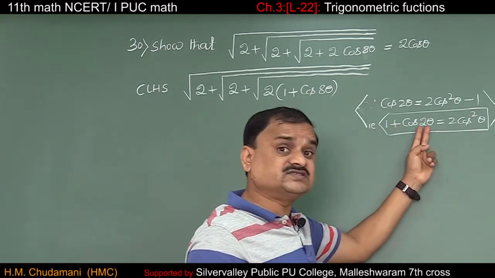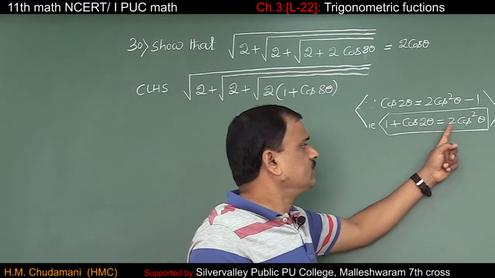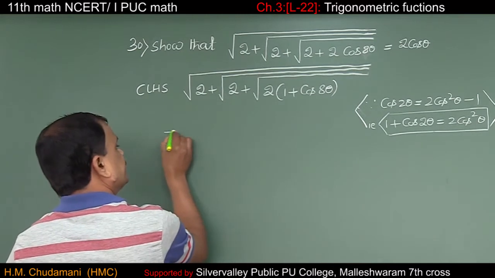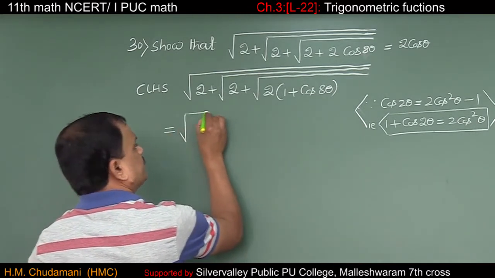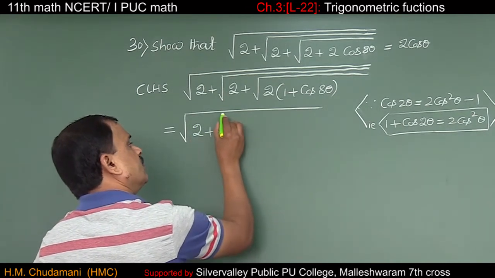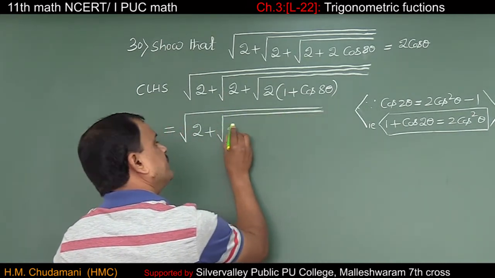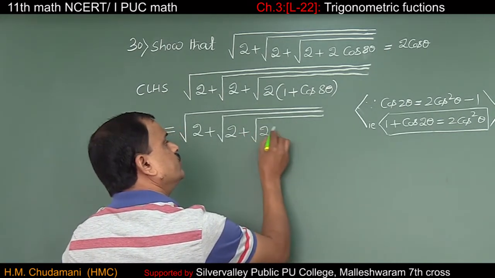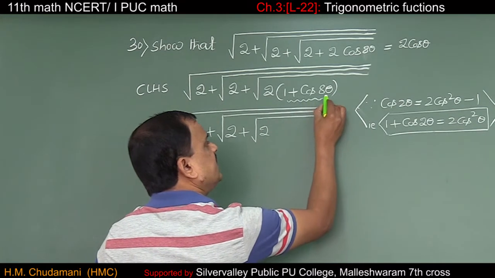So 1 plus cos 8 theta means 2 cos square 4 theta. Agree? So this is equal to root of 2 plus root of 2 plus root of 2 into 1 plus cos 8 theta.